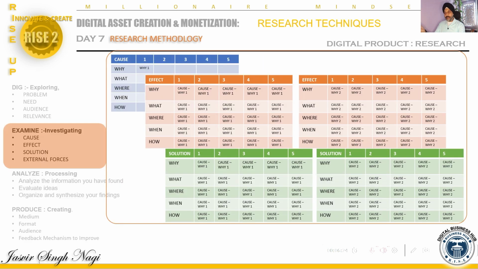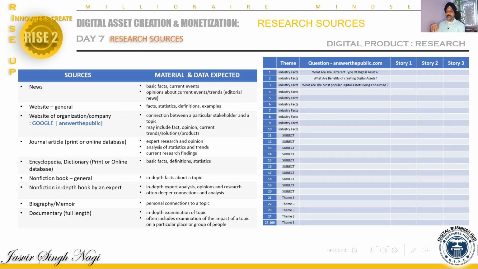I repeat, you find the why, you find the effect, you find the solution against each of those why, what, where, when, how. This will typically give you at least 500, not even 100. So five questions and then five answers, or 500 answers. Got it? Then we search it up for the larger public, and I'll come to this in a minute in the next one.